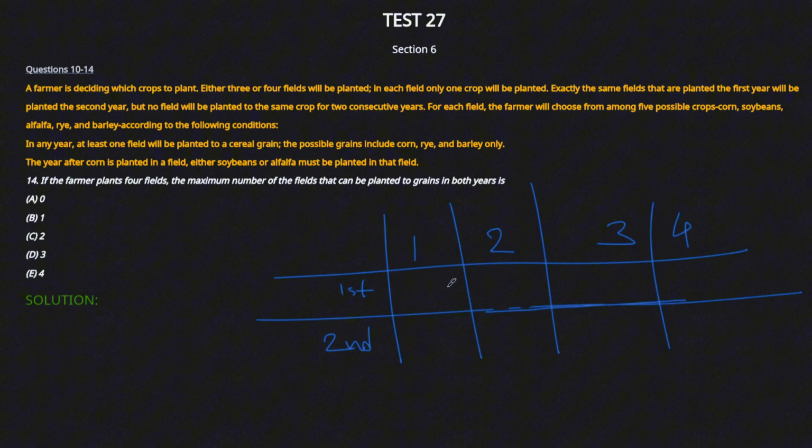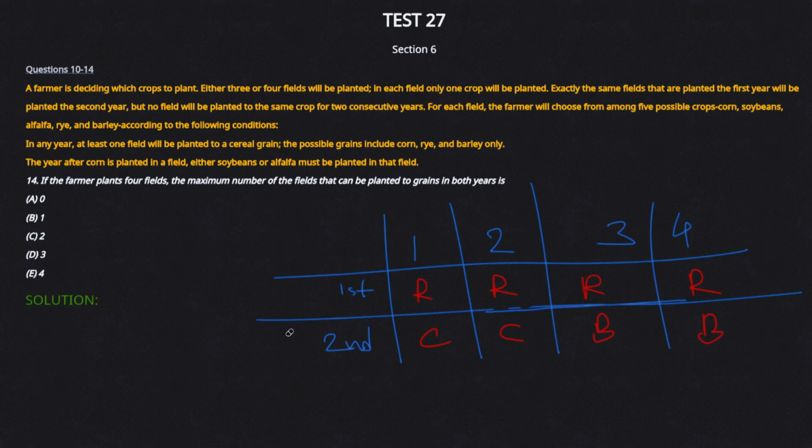Now, let's just say we have planted 4 fields with rye in every one of them. And in the next year, we can easily plant corn, barley, and barley. I mean, it's completely logical. We can plant all 4 fields with cereal grains without any problem.